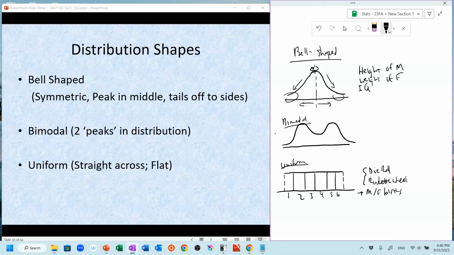Now, if I just looked at, say, heights or weights of the whole population, I might expect to get something that's bimodal. And why would that be? Well, females tend to weigh less than males. So maybe there's going to be a bell-shaped distribution for females and a bell-shaped distribution for males where their peaks are separated, and they kind of combine together to give this maybe bimodal distribution. We might see something like that in society if we looked at our whole population combined.